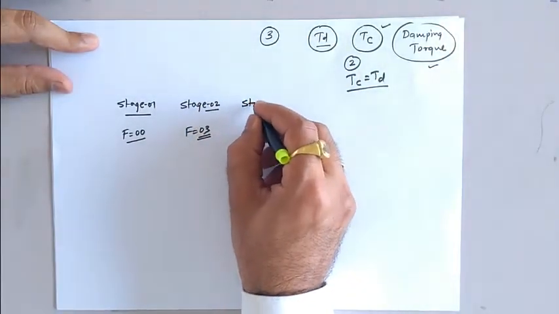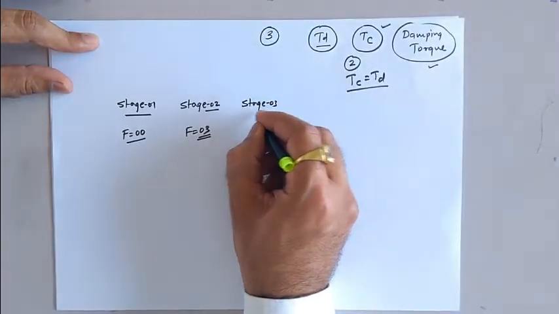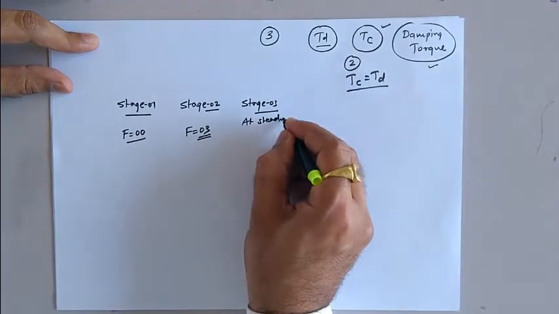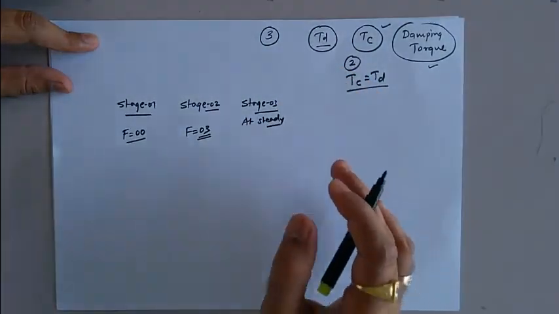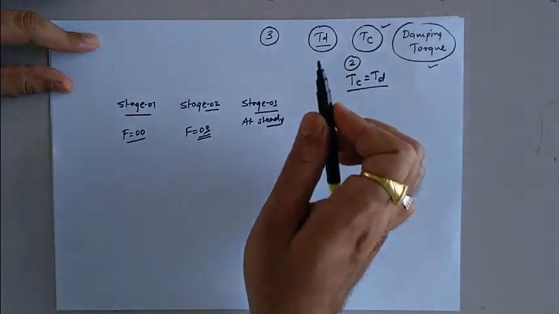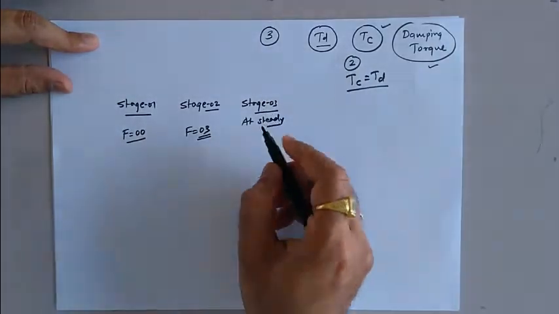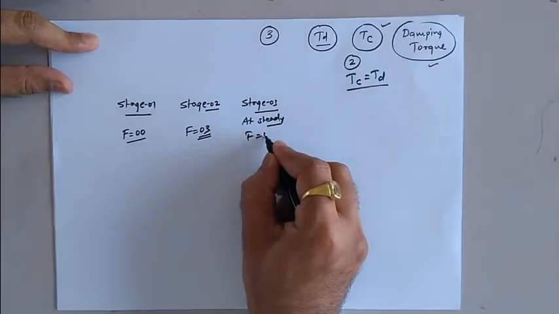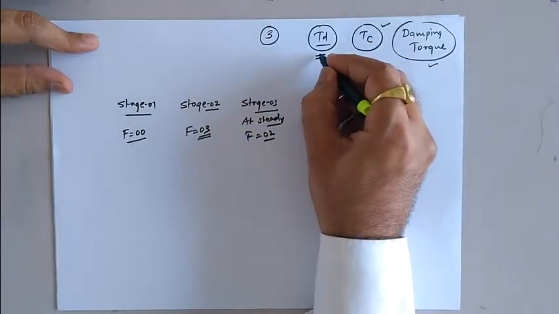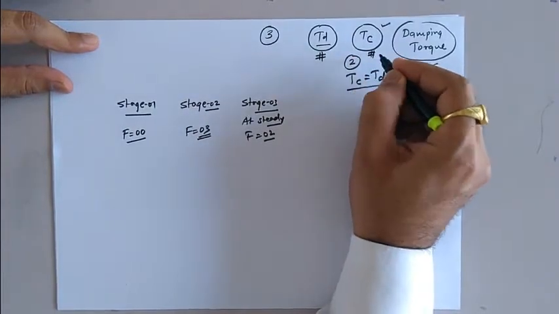Then let us consider another instant, or you can say stage number 3, at steady state condition, or you can say final condition. That means the condition where the pointer will indicate the final value of the unknown quantity. At that instant we are having only 2 forces in an analog instrument, and those 2 forces are your deflection torque and controlling torque.